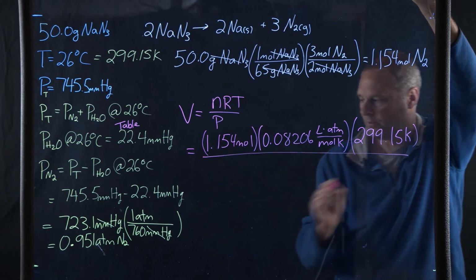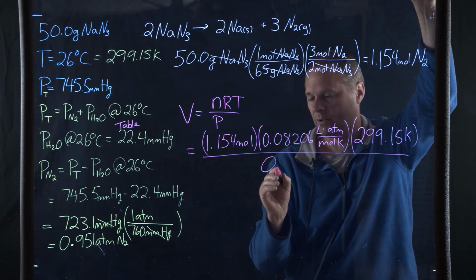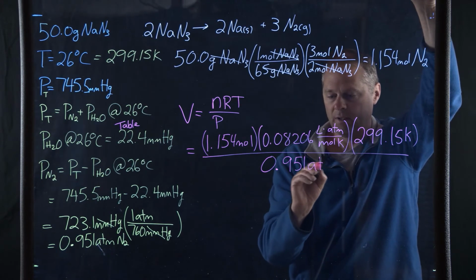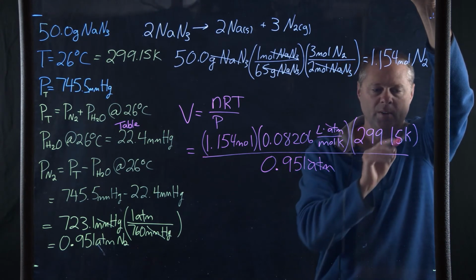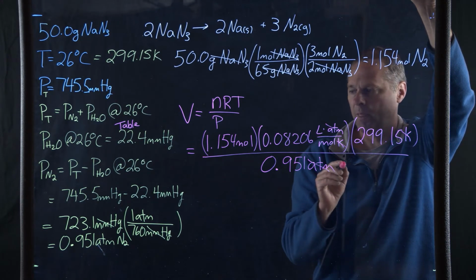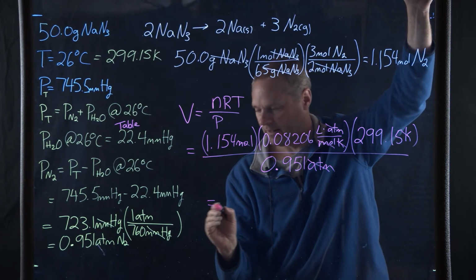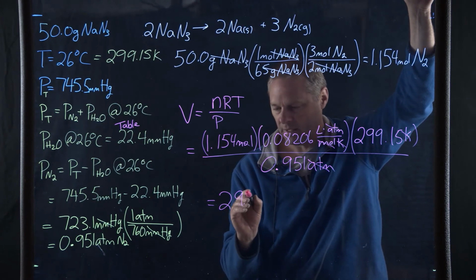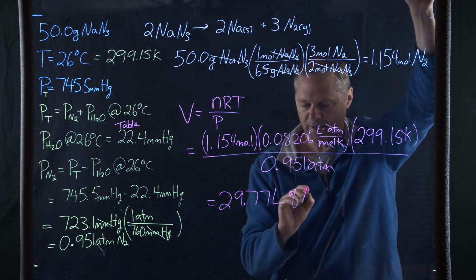And that's going to be divided by the pressure of the nitrogen gas that we found, so that'd be 0.951 atmospheres. Our atmospheres cancel, our kelvins cancel, our moles cancel, and we're left in units of liters. And this is going to give us 29.77 liters of nitrogen gas.